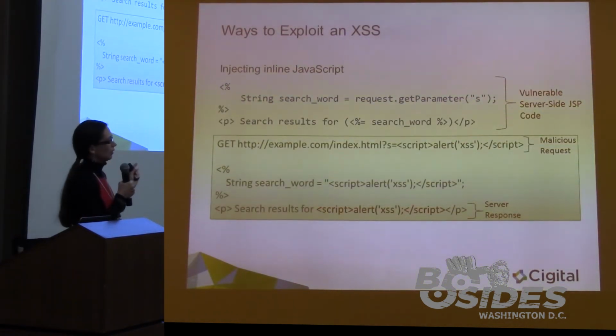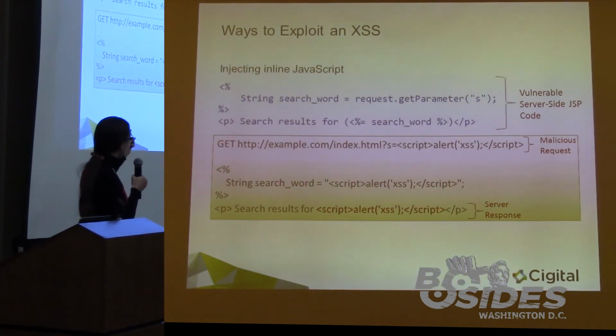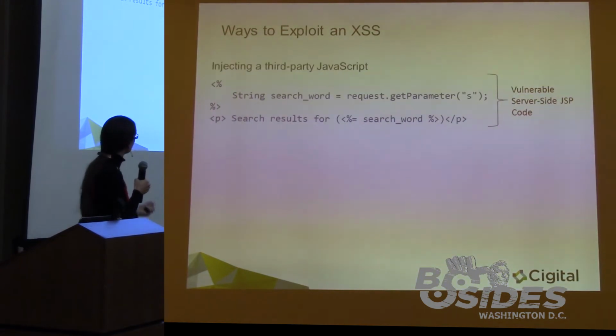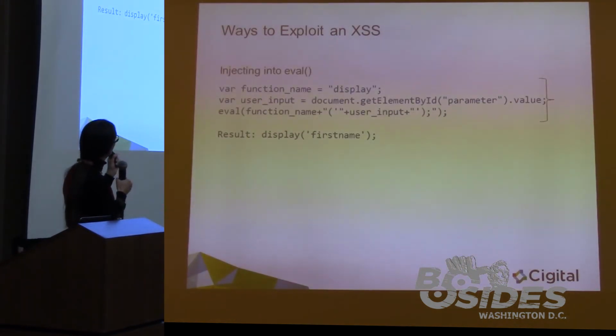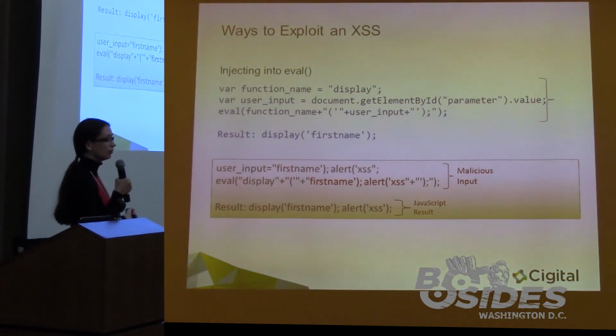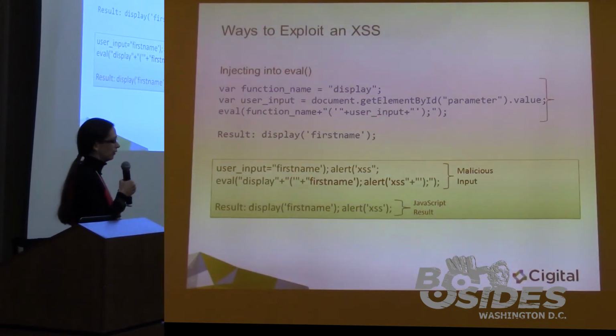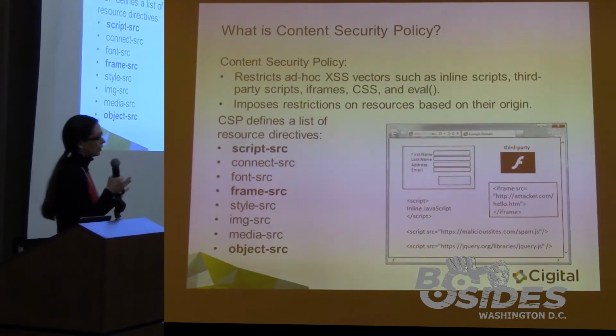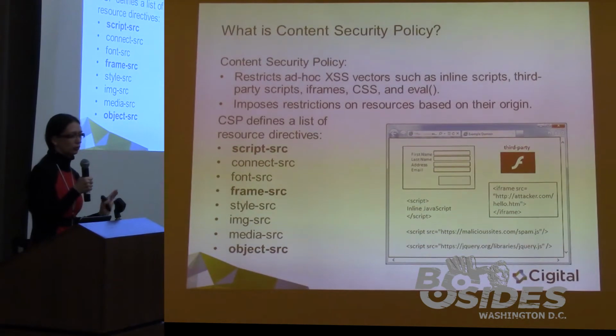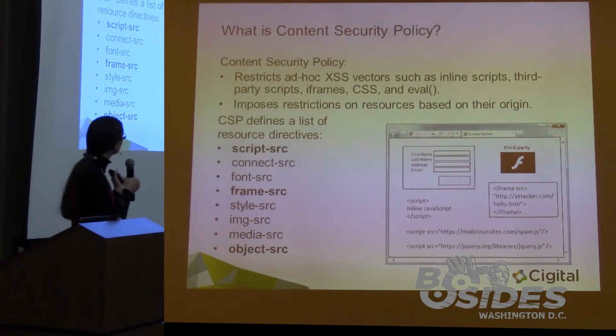And also they say we're not going to allow any script that's inline. We'll stop executing any inline scripts. And because eval is evil, we're going to stop using eval. So all of these things are disabled by default as soon as you start using CSP.